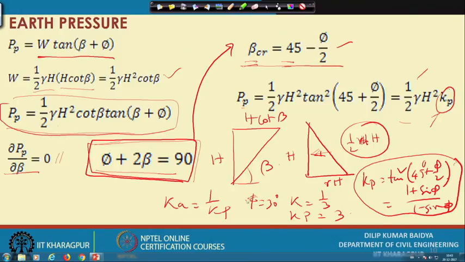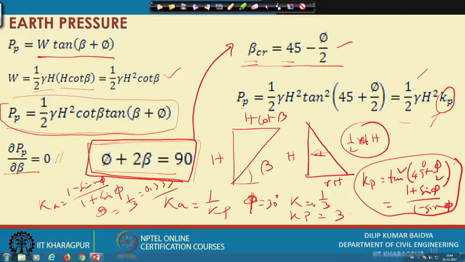If I put Ka equal to 1 minus sin phi by 1 plus sin phi, it gives you Ka equal to 1 by 3, or 0.333, and if I find out the Kp value, that will become 3, the inverse of that.